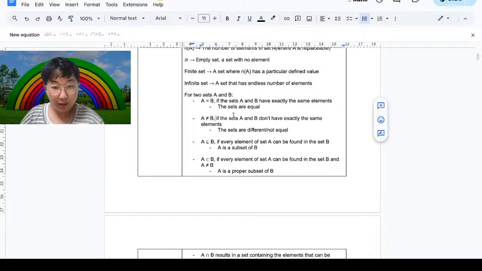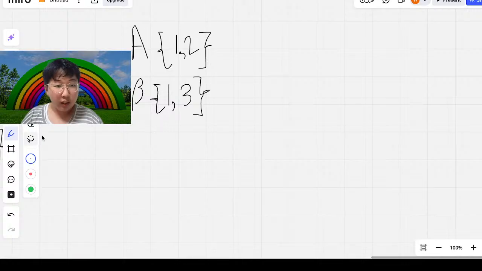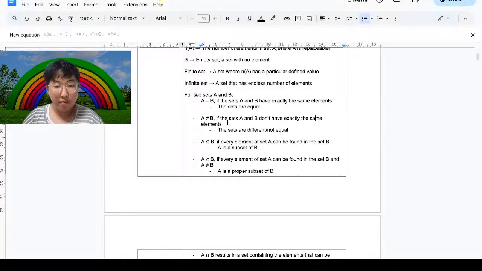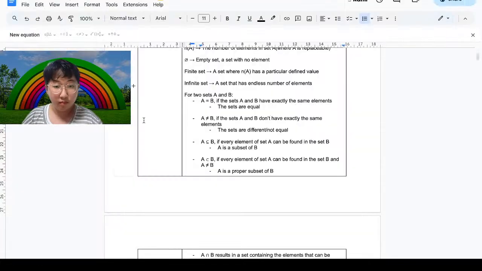A is not equal to B if the sets A and B don't have exactly the same elements, which we showed here. A is not equal to B because they don't have exactly the same elements, particularly because 2 is not in set B, nor is 3 in set A.